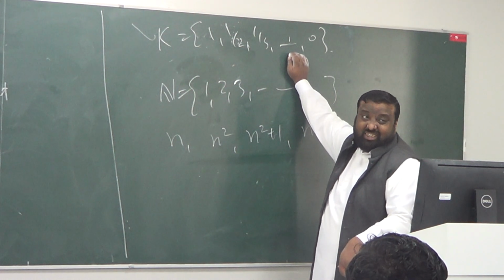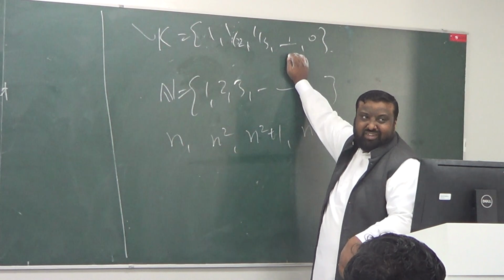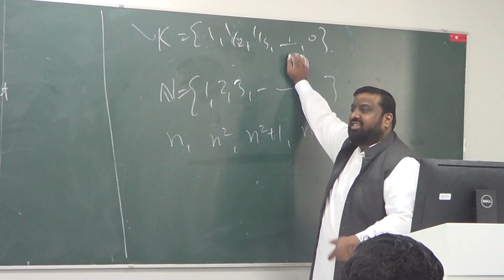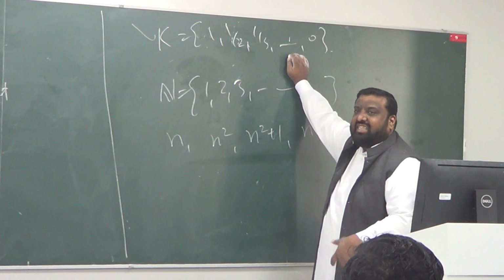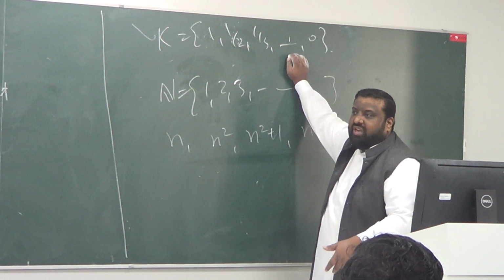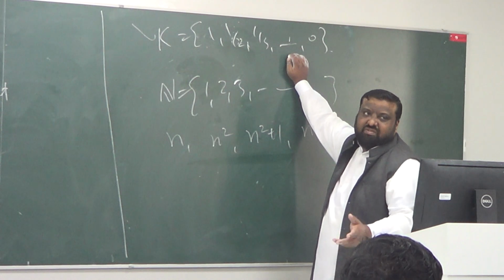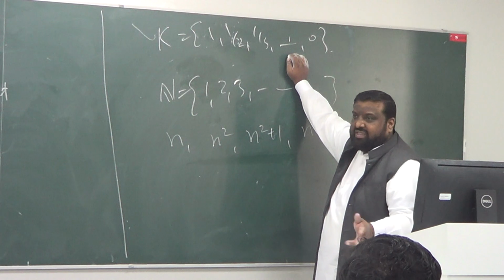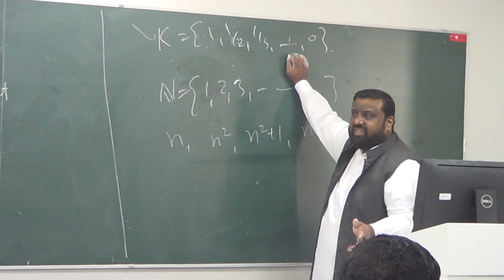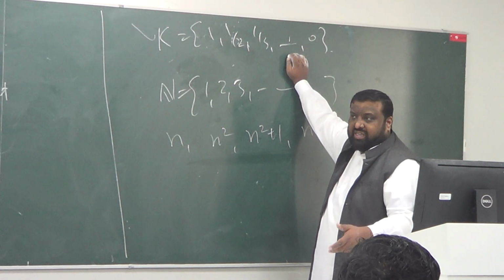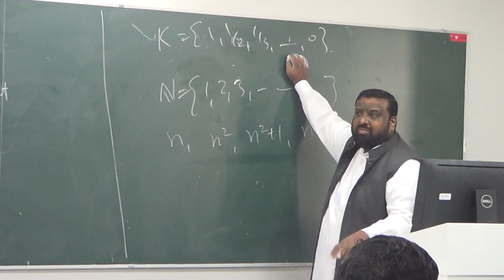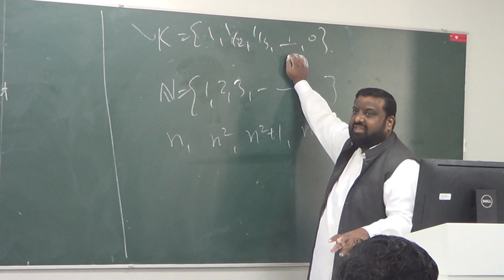So the natural question arises: is there a relationship between compactness and sequential compactness? And the answer is yes. In R, they are equivalent. In other words, there is no difference between compactness and sequential compactness. If a set is compact, it's sequentially compact. If the set is sequentially compact, it's compact. But in arbitrary metric spaces and arbitrary topological spaces, this is not the case. Okay?